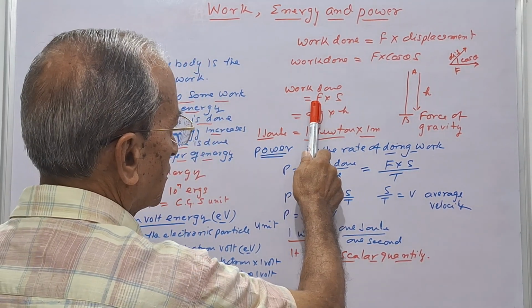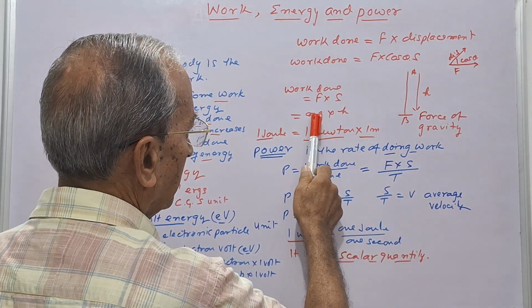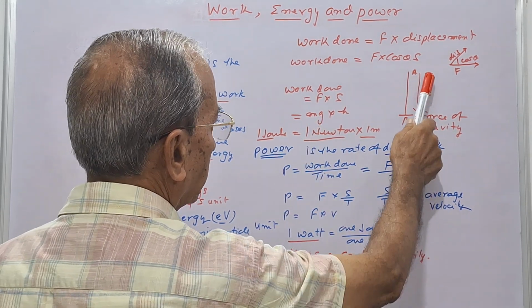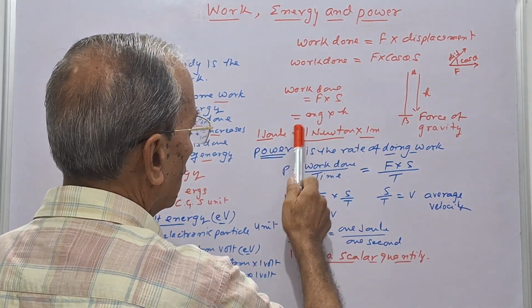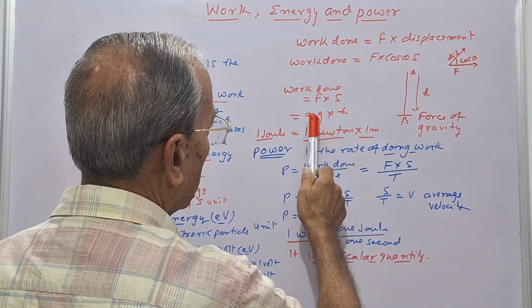Work done is equal to force into distance. Here force is gravity, that is m into g, and the distance is height. So the work done against the force of gravity is equal to mgh.